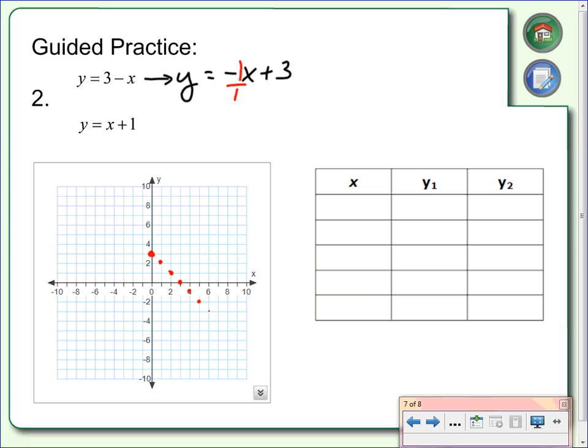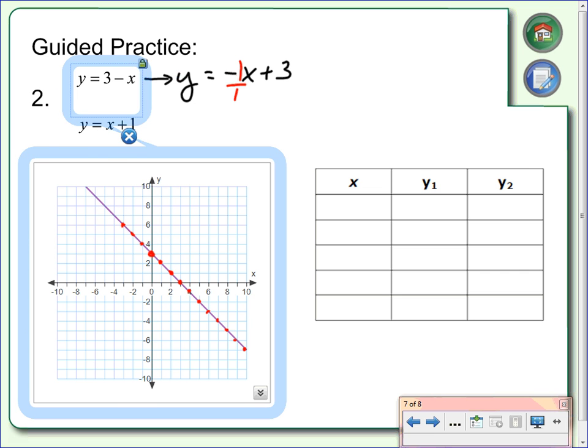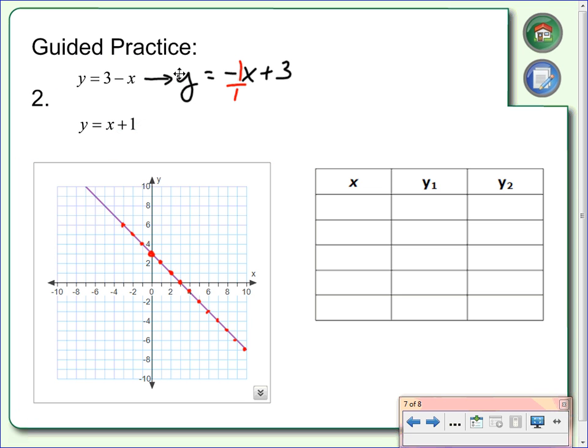The more dots you have, the straighter your line is going to be. Remember, you can get other points by going up 1 left, up 1 left, up 1 left. That right there is this graph, that's our line. You should be graphing this on your paper as well.